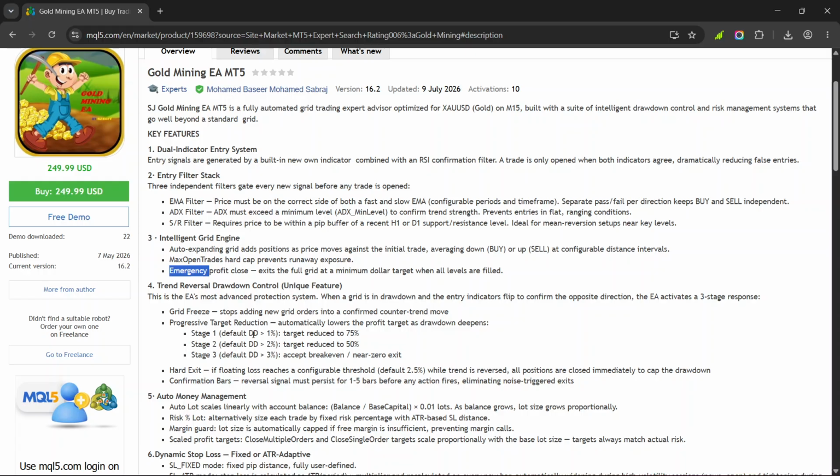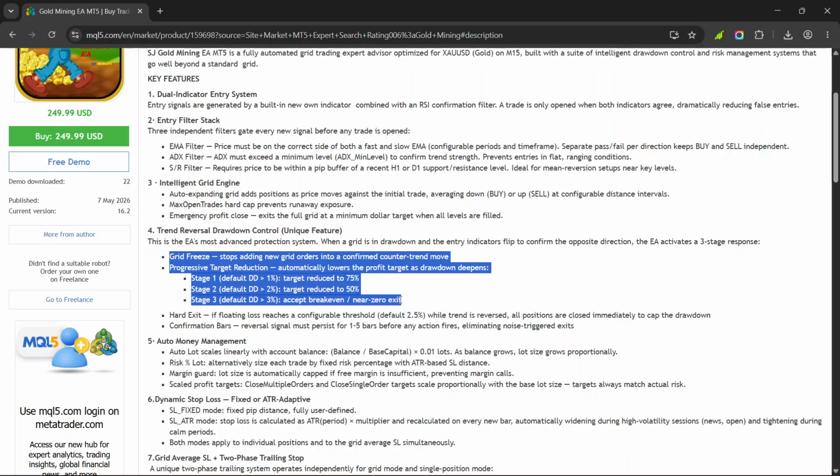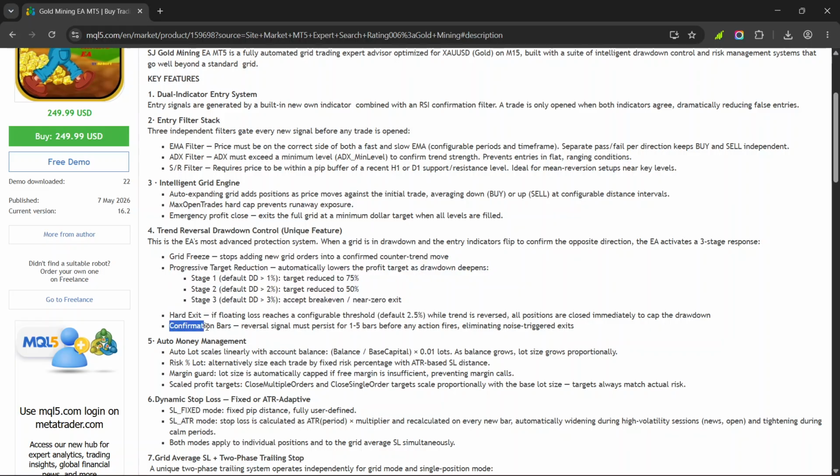Now, the developer claims the trend reversal drawdown control indicator flips to the opposite side while a grid is in drawdown, activating a three-stage response, that is, freeze new grid orders, progressively lower profit targets as drawdown deepens, and can hard exit if floating loss hits a certain threshold, all with confirmation bars to avoid noise.